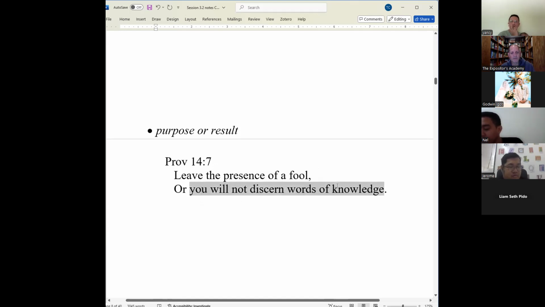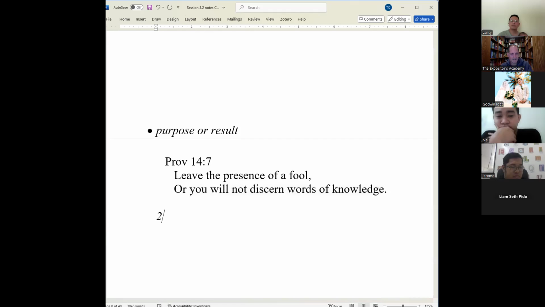You will not discern knowledge, right? So leave him, because if you don't leave him, this is the reason. All right. So here I would say the second line is the purpose of the first.